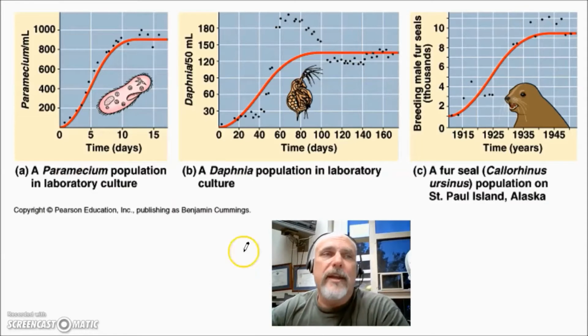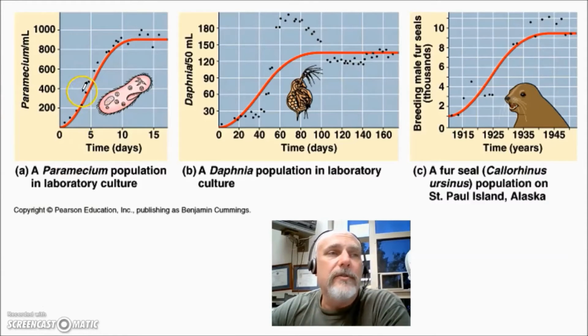Here are three more examples. Paramecium cells have that exponential growth, then the logistic growth, flattening out, evening out. And here you see that scatter, where the Daphnia population goes up, and if you really trace this out, it would look something more like this. That red line is showing an average.